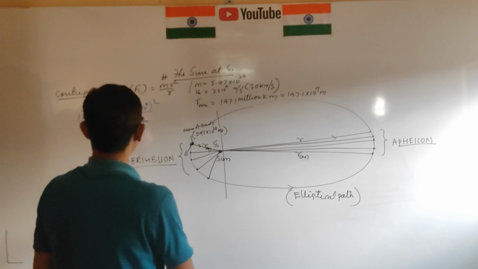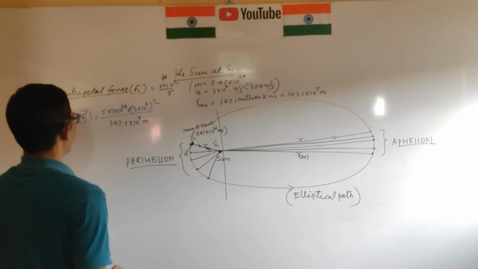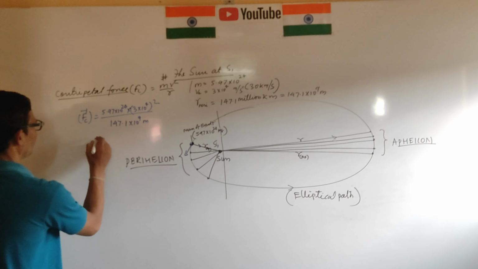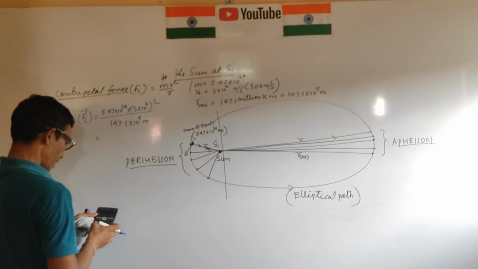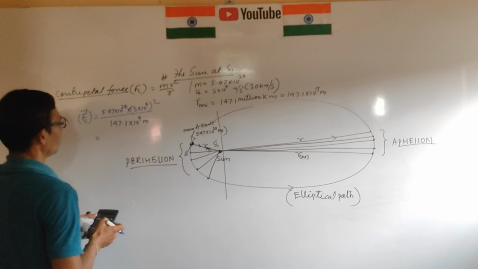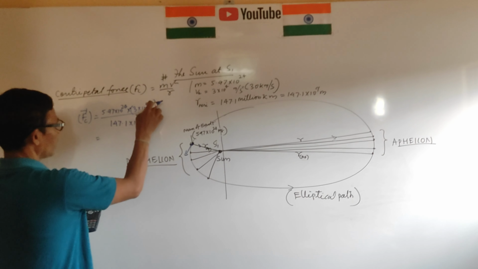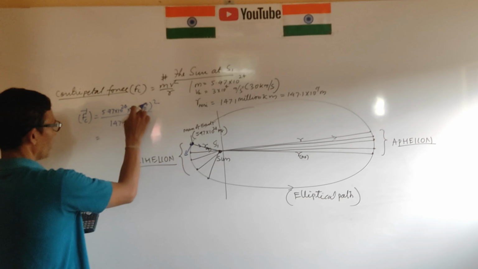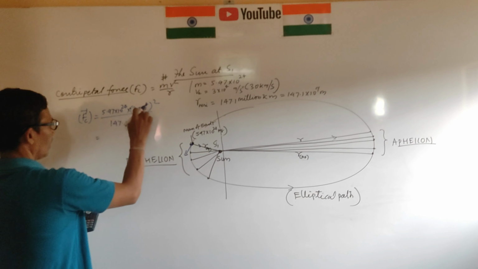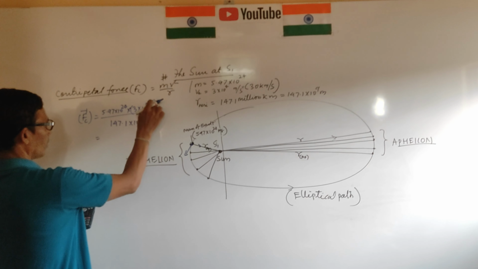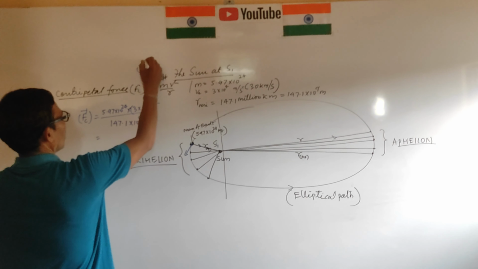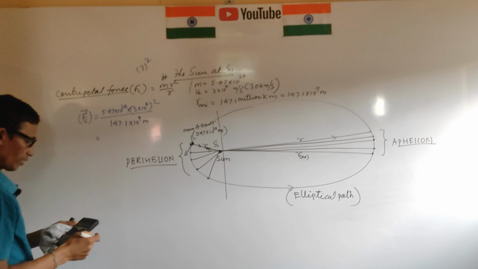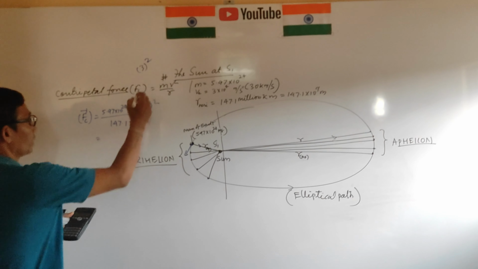So here we write 5.97 into 3. This is 3 into 3, 9, the power 2, so 3 power 2 is 9.